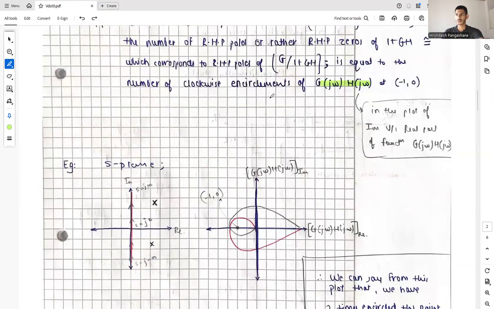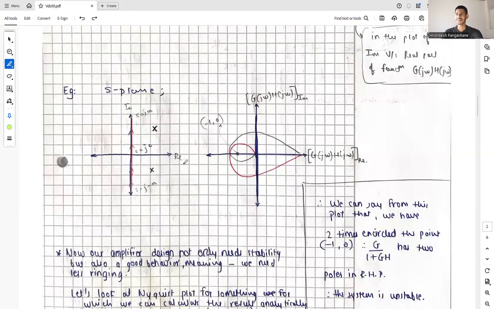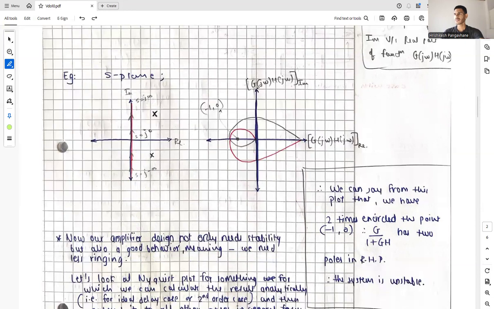So let's take an example. In this example, we'll start from j minus infinity to j0 to j infinity, so from negative frequencies, minus infinity, to positive frequencies, infinity. We have the G(jω)H(jω) imaginary part and its real part, and the plot looks something like this.